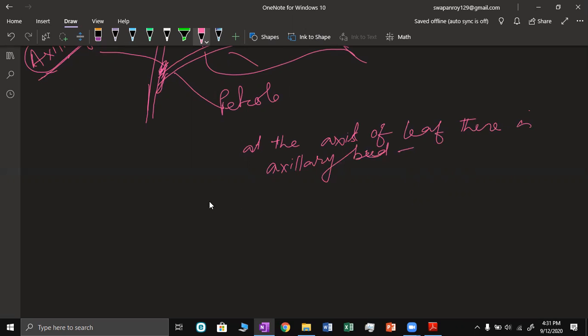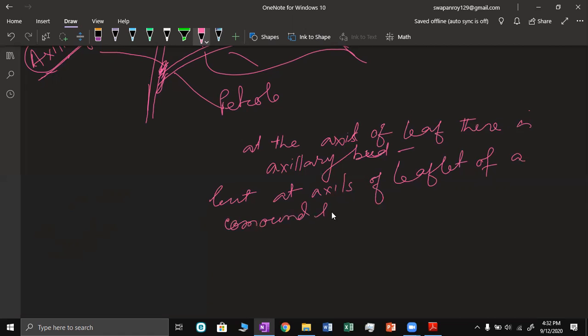Bud, but at the axil of a leaflet of a compound leaf, there is no axillary bud.